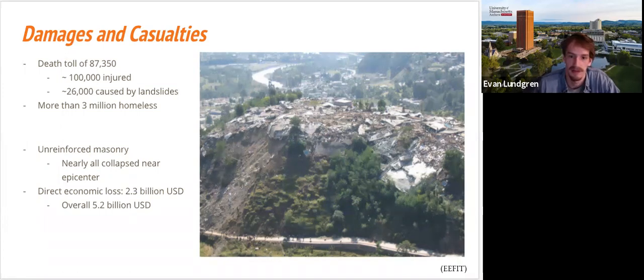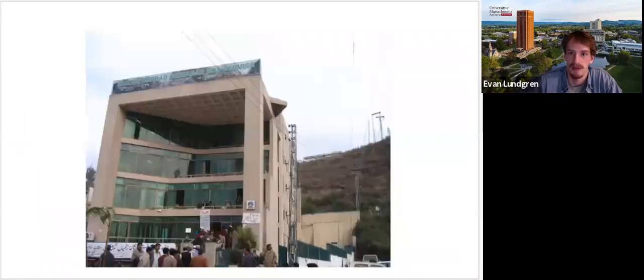The direct cost was 2.3 billion, but the overall indirect cost was nearly more than double that, and that is also due to the reconstruction costs associated with all these damages to the buildings.